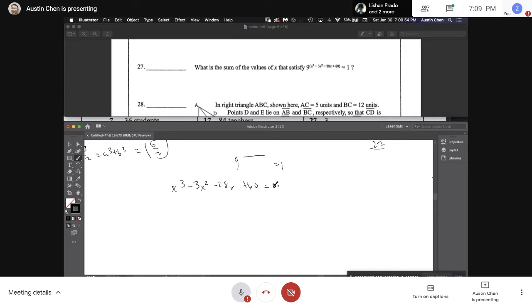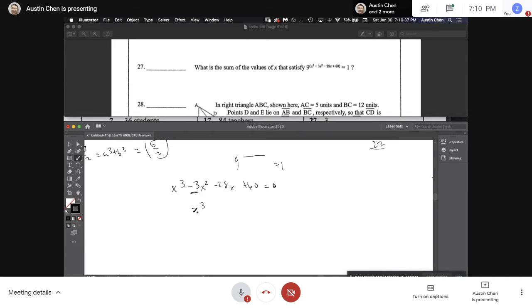And we want to find the sum of the x values that satisfy this. So basically, now we just want the sum of the roots of this polynomial. And guess what formula we have for the sum of the roots? It's Vieta's. With Vieta's, the sum of the roots will be equal to the second largest degree coefficient over the largest degree coefficient times -1.